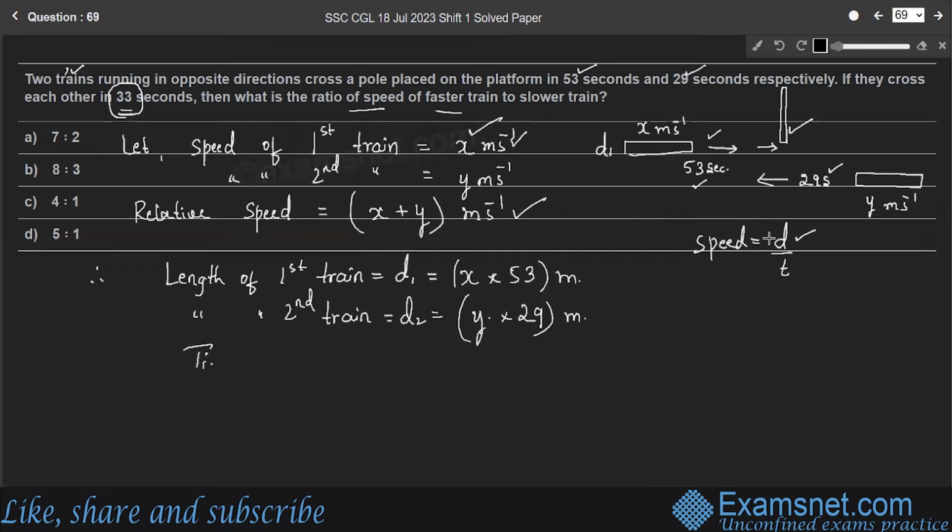So we'll mention: time taken to cross each other is equal to 33 seconds. How are speed, time and length related? Speed is equal to length by time or distance by time, right?